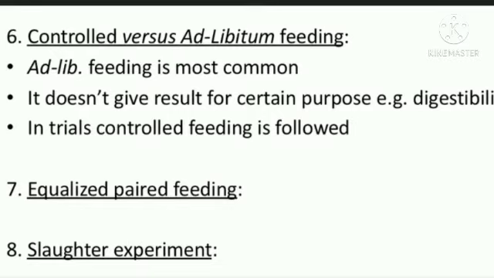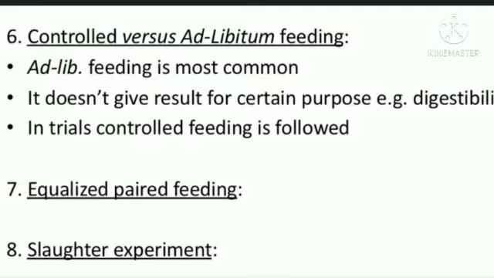In group feeding, usually individual variations are there, but we have to suppose that there are no individual variations, that all the animals are of the same body weight and same age. This is not possible in the case of a large animal. As the animal becomes larger, the individual variation becomes more.